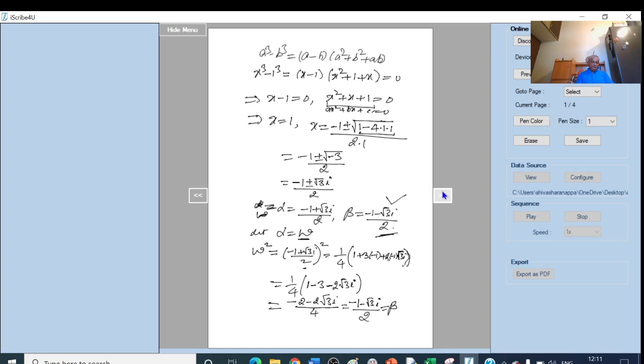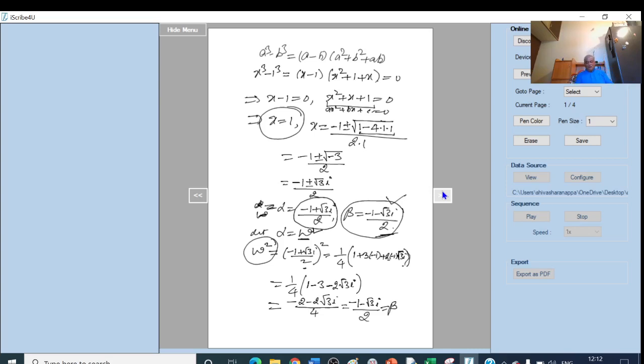So that means one root is omega, and the second root is minus 1 plus root 3 into i by 2. I have taken this as omega, and the next root is this beta. Beta can be written as omega square.